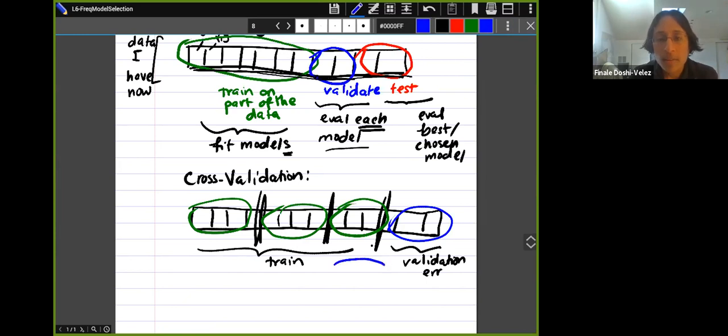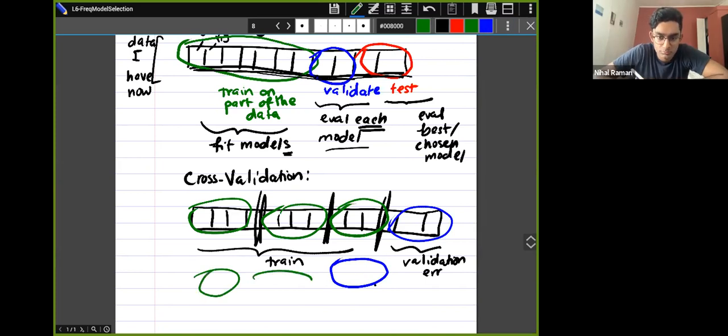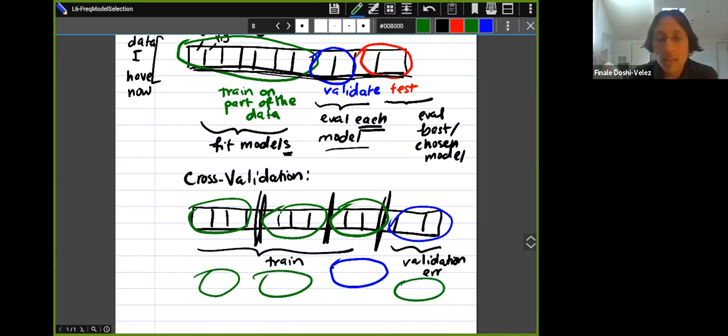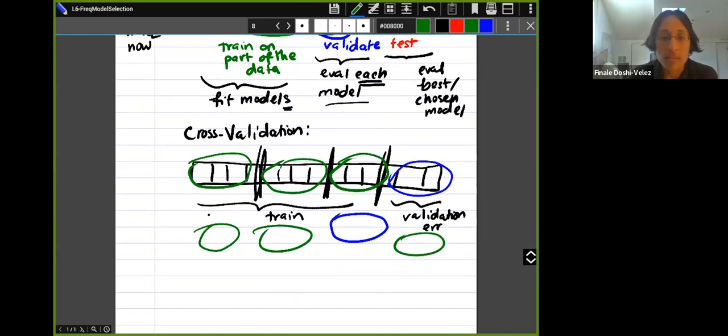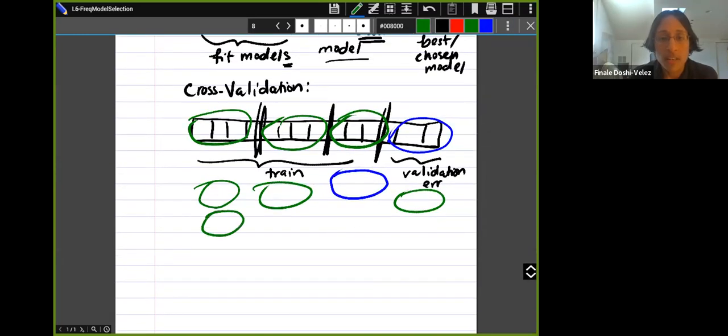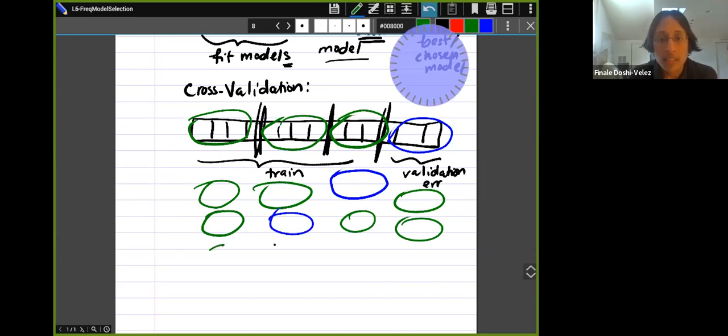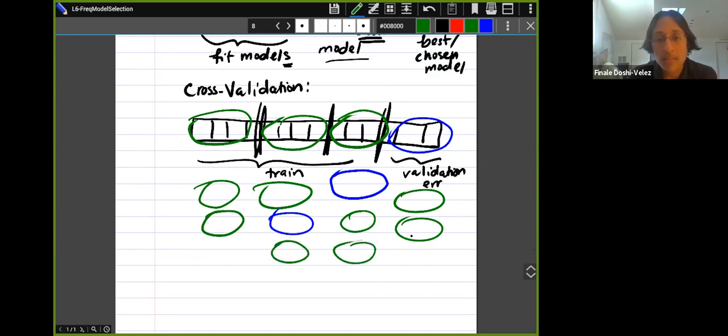So now I'm going to train all of my models on sets 1, 2, and 4, and validate on this middle set over here, and so on. So I'll train on these and validate on this one. Sorry, I'll train on the last set, and I'll validate on the first group.